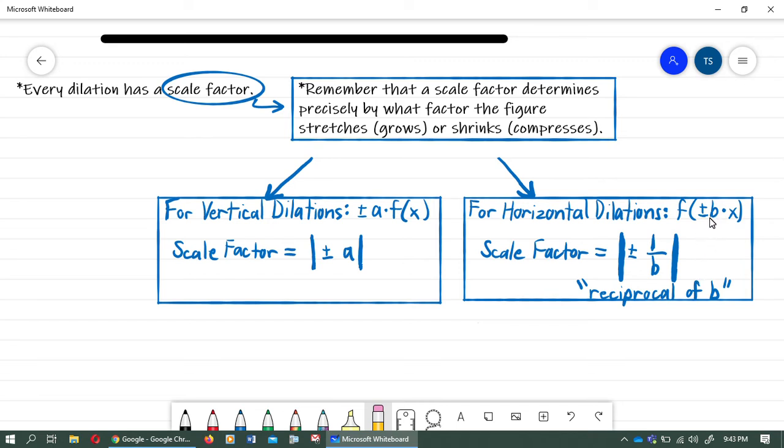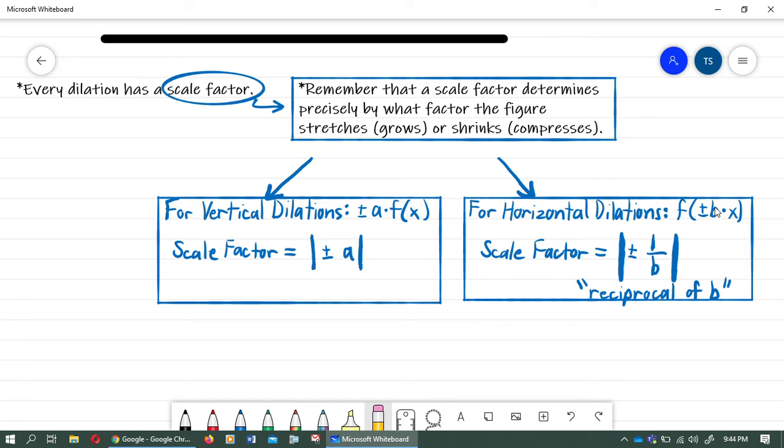The scale factor is going to be the reciprocal of whatever that number is. Where I've got 1 over b, or 1 divided by b written, that's how we write out the reciprocal. The scale factor is going to be the absolute value of the reciprocal of that number.